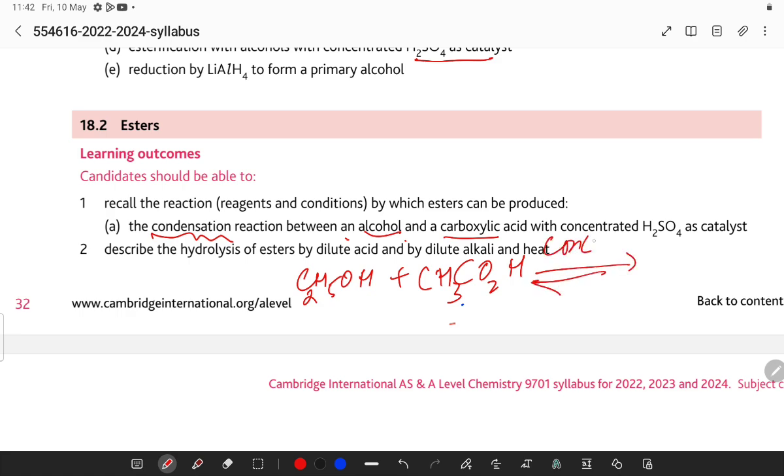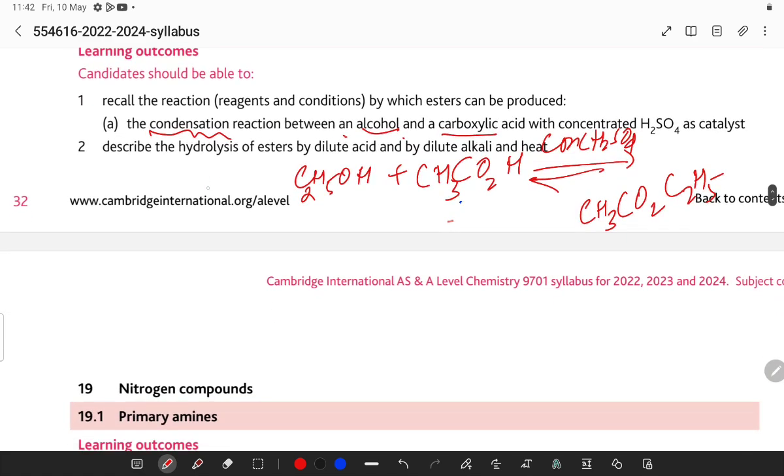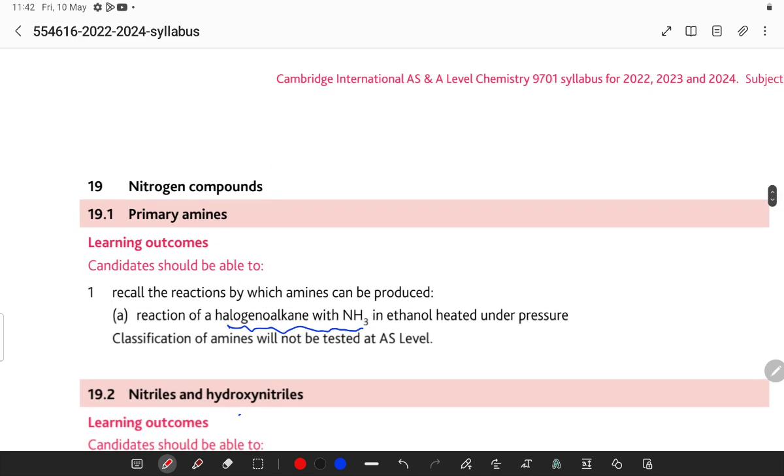This is a reversible reaction, with H2SO4, to form ethyl ethanoate. Describe the hydrolysis of esters by dilute acid and by dilute alkali and heat.